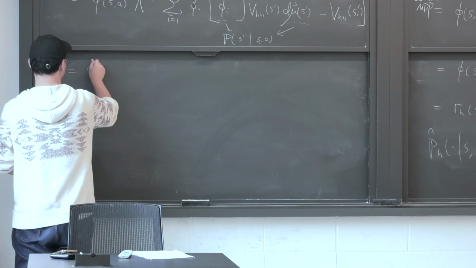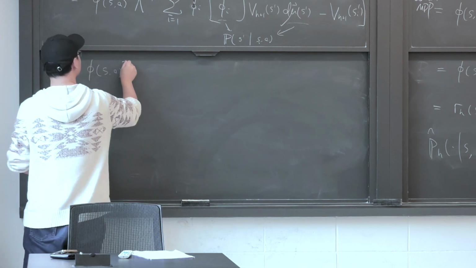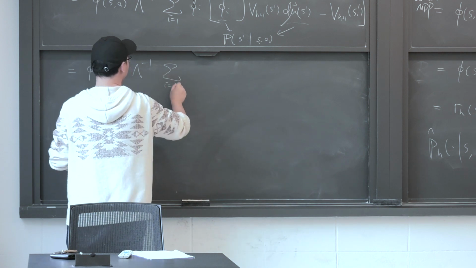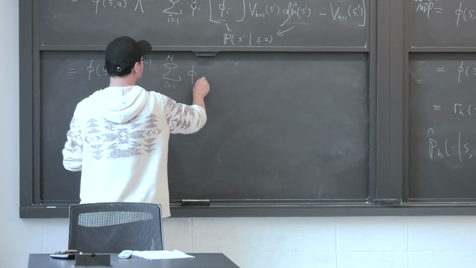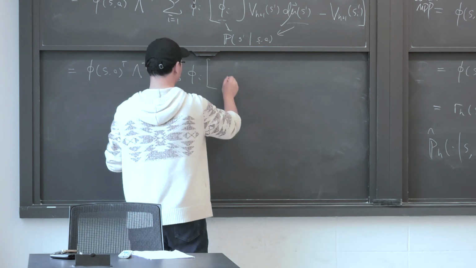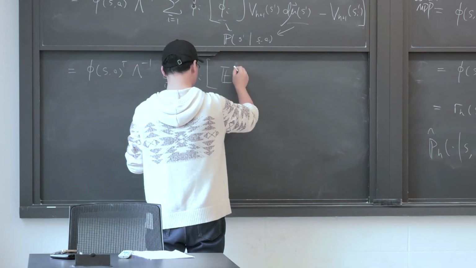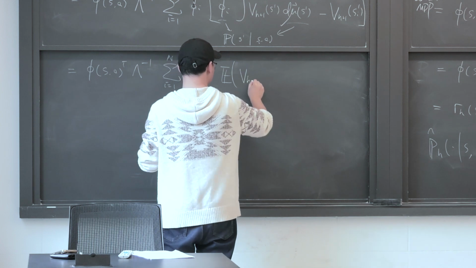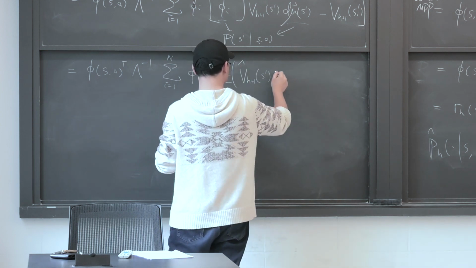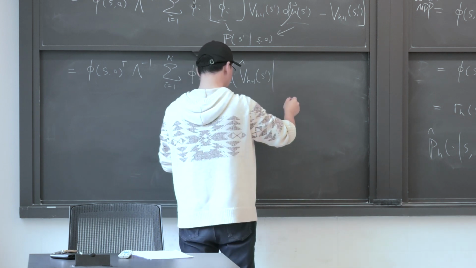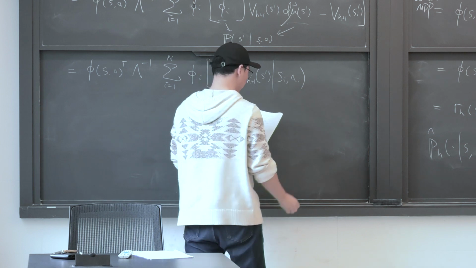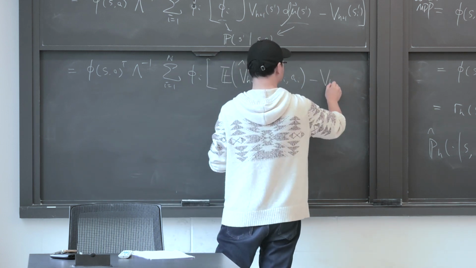So we know this is actually equal to phi(S,A) transpose, lambda inverse, summation i from 1 to n, phi_i, times the expectation over V_{H+1} hat of S prime given S_i, A_i, subtracting one single sample out of it.